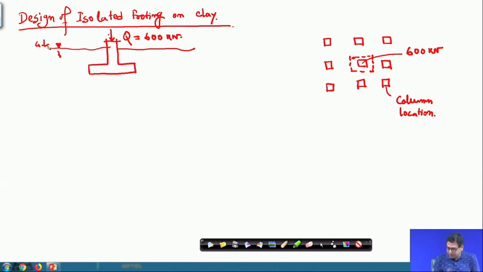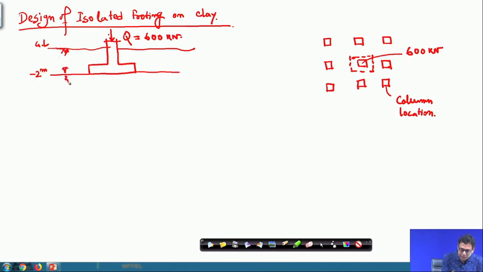So, this is the GL, ground level, and the depth of footing I do not know, because you have to decide. The location of the water table is at minus 2 meter.